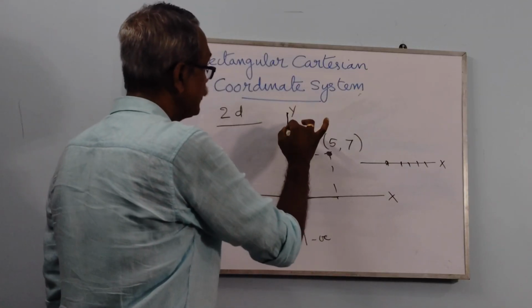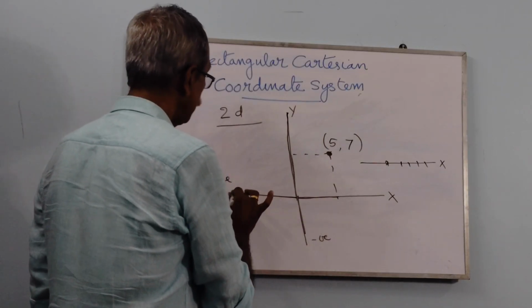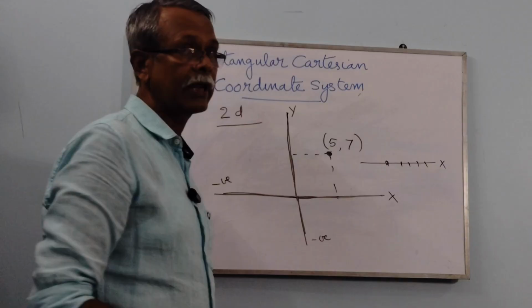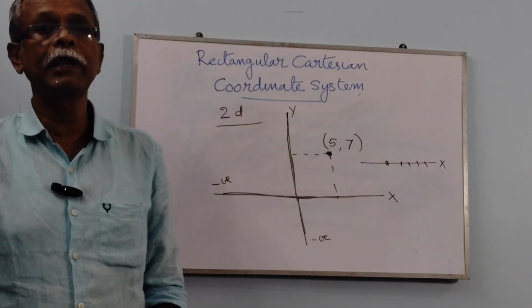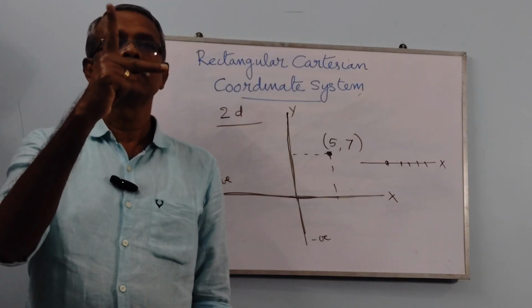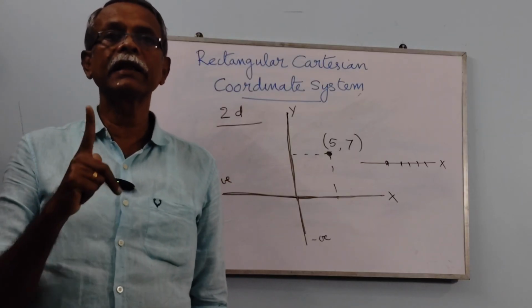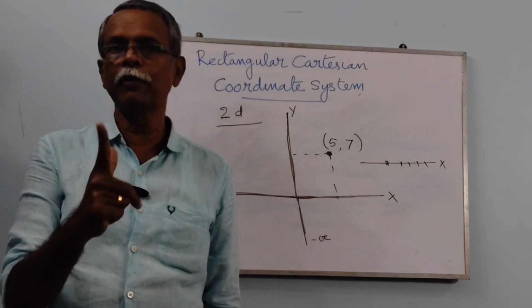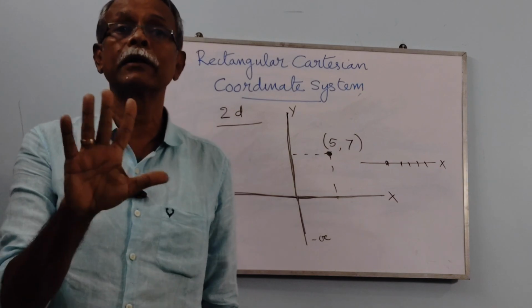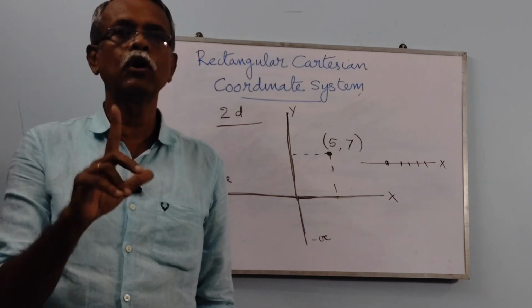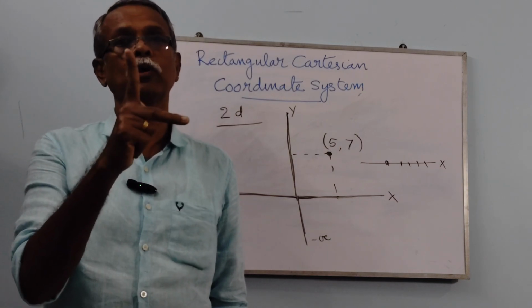And all these vertical lines and horizontal lines, there are three mutually perpendicular lines like this. They meet at a point. They are concurrent lines. They meet at a point, but they are not collinear. They are not lying along the same line. They are mutually perpendicular.